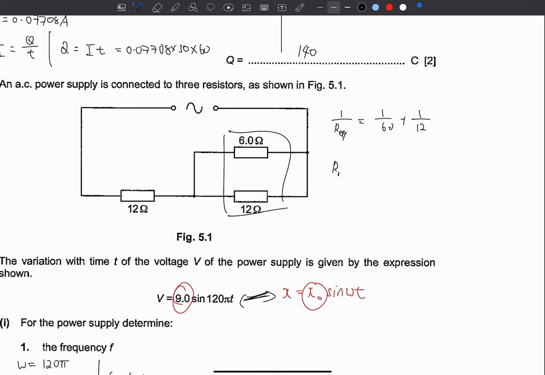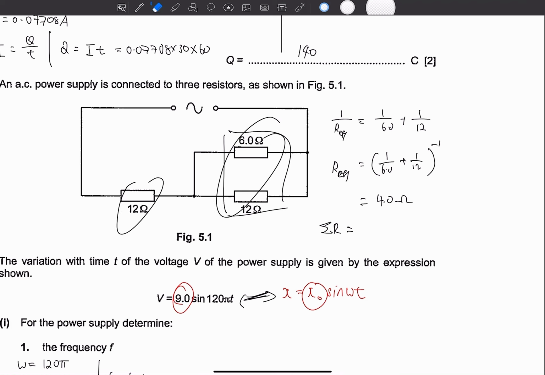So the effective resistance is 1 over 6.0 plus 1 over 12, all to the power of minus 1, which will come out to be 16 ohms. Wrong. It will come out to be 4.0 ohms. And the total resistance, you just have to take 12 plus this, which will get 16 ohms.